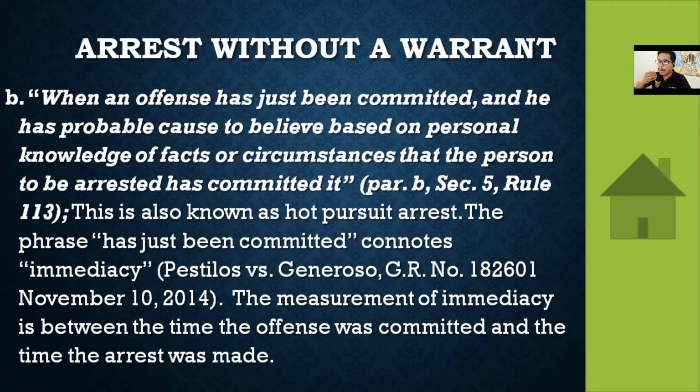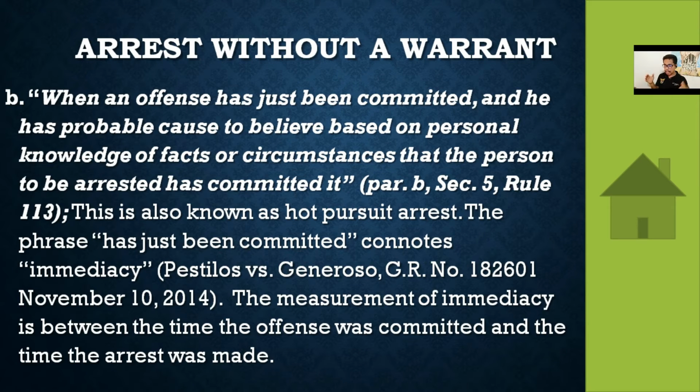So again, when does hot pursuit arrest become invalid? It becomes invalid if executed one day after the crime was committed, or worse, six days after the commission of the crime. If it is beyond one day, you need to procure a warrant.